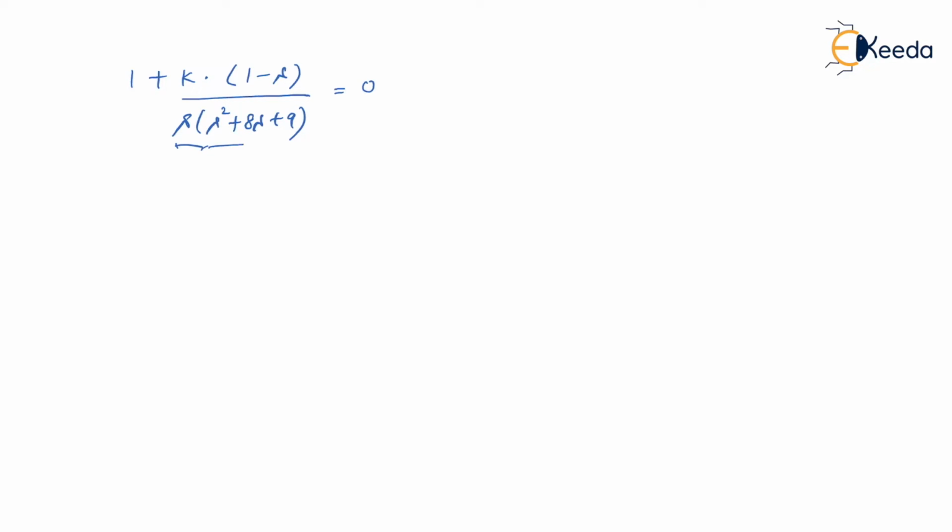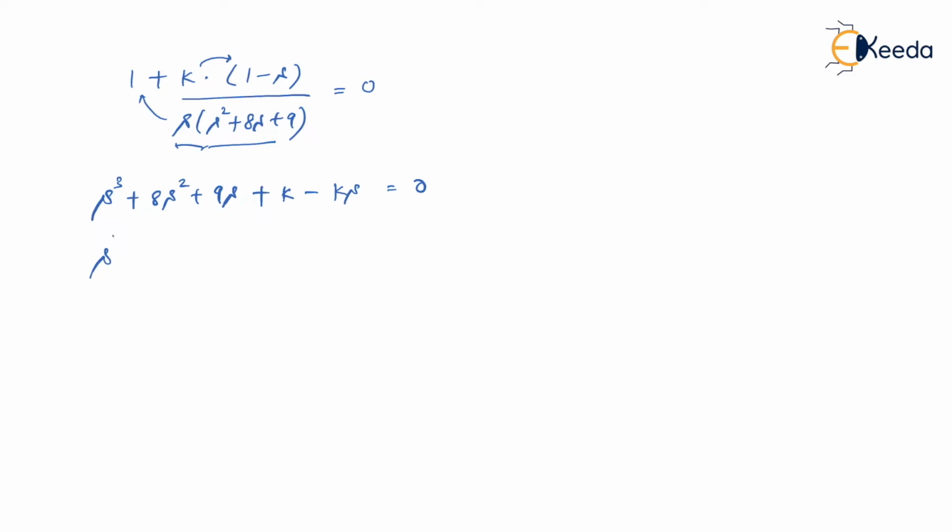So if I open it and transfer over here, it will become s cube plus 8s square plus 9s plus k times 1 minus s. We can take this k inside and write minus ks, and this is equal to 0.